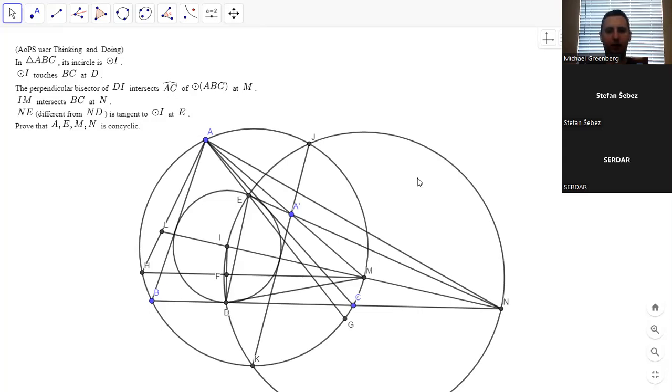Yeah, we know that one angle is the same. So yeah, showing the bisector would solve the problem basically.